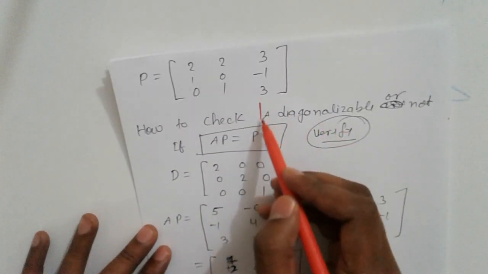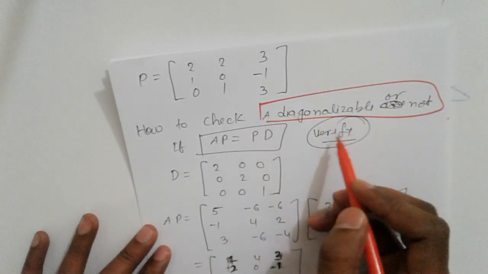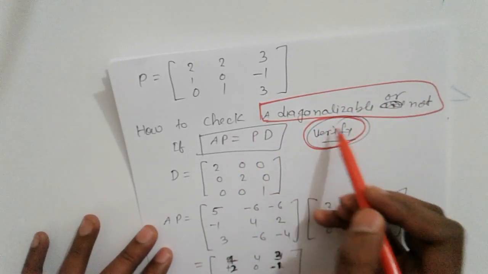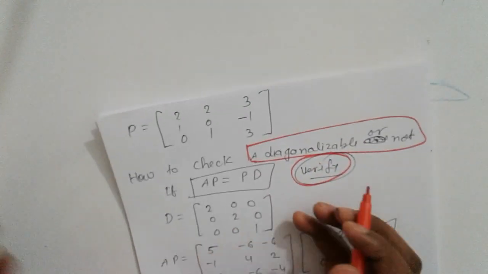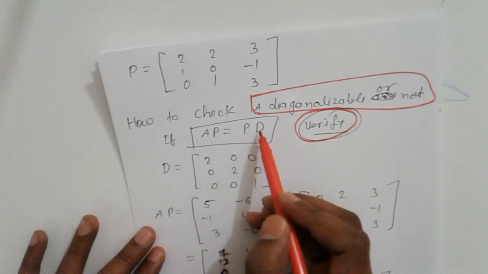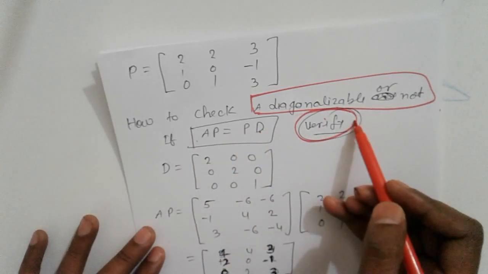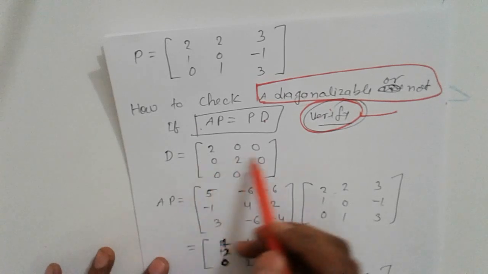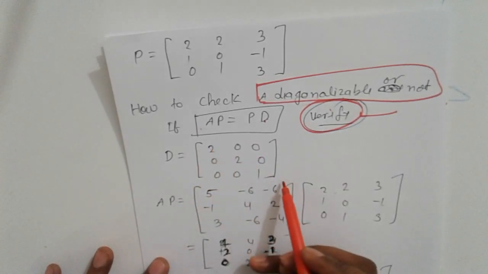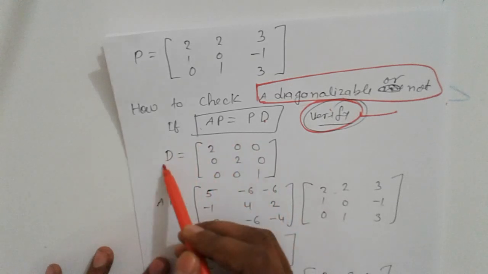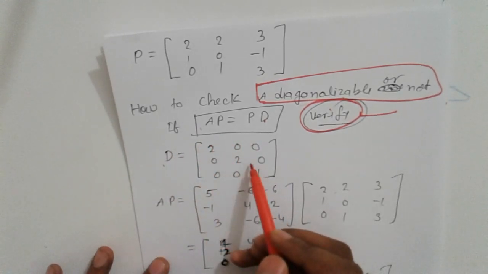So how to check whether the matrix is diagonalizable? Verify this. The condition is AP equal to PD. In that case the answer is correct. What is D? D is the diagonal matrix of the eigenvalues, 2, 2, 1.